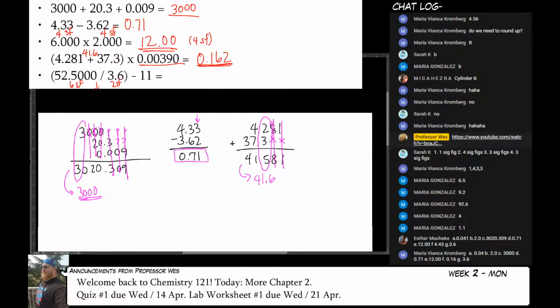And I got 14.58333, which I have to round to 2 sig figs. That's supposed to say 2 sig figs, so I'll just get rid of that. And then now I do the subtraction here, 15 minus 11, which I'm just going to do over here. And there's my answer.